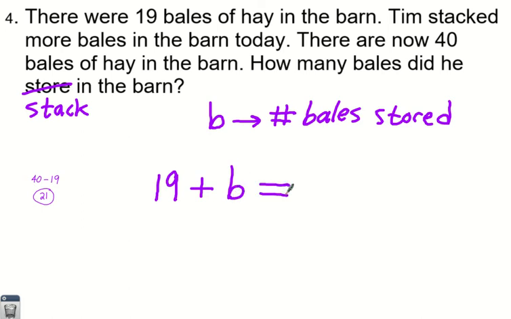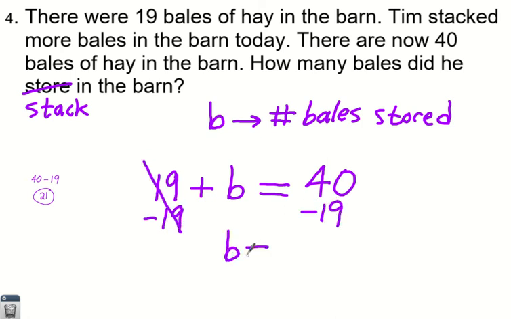The 19 that we already had, plus the number that Tim put in there today, and the total was going to be 40. So here's the equation you could actually write out using a variable of b or n or x, whatever you want. And then we would now solve for b by subtracting 19 from both sides to leave b all by itself. And so we could do it kind of like that way.